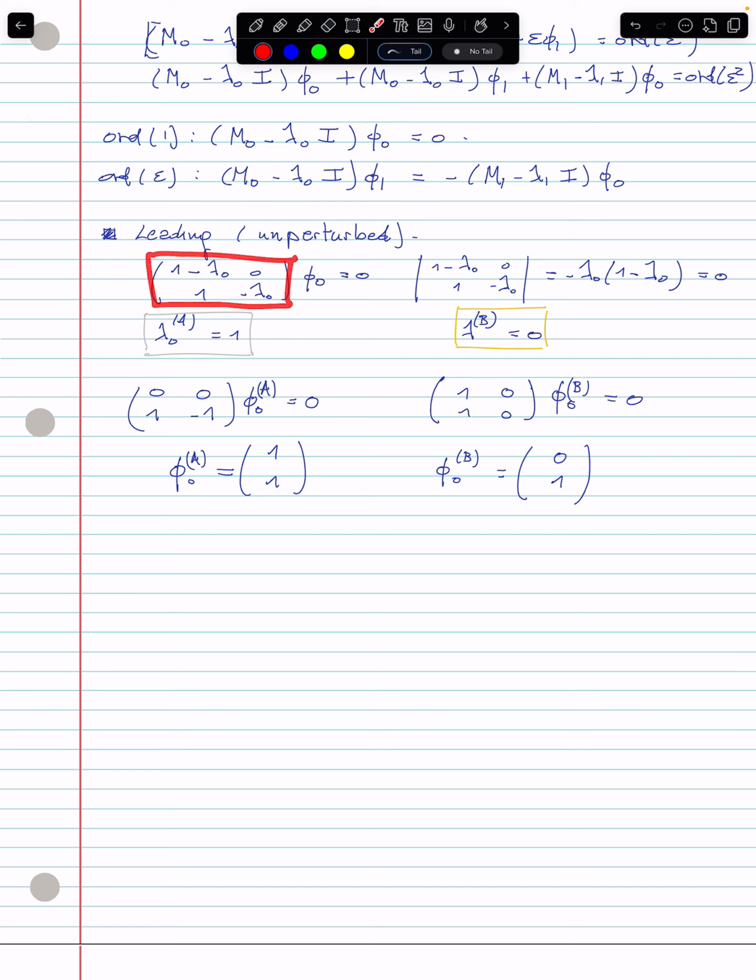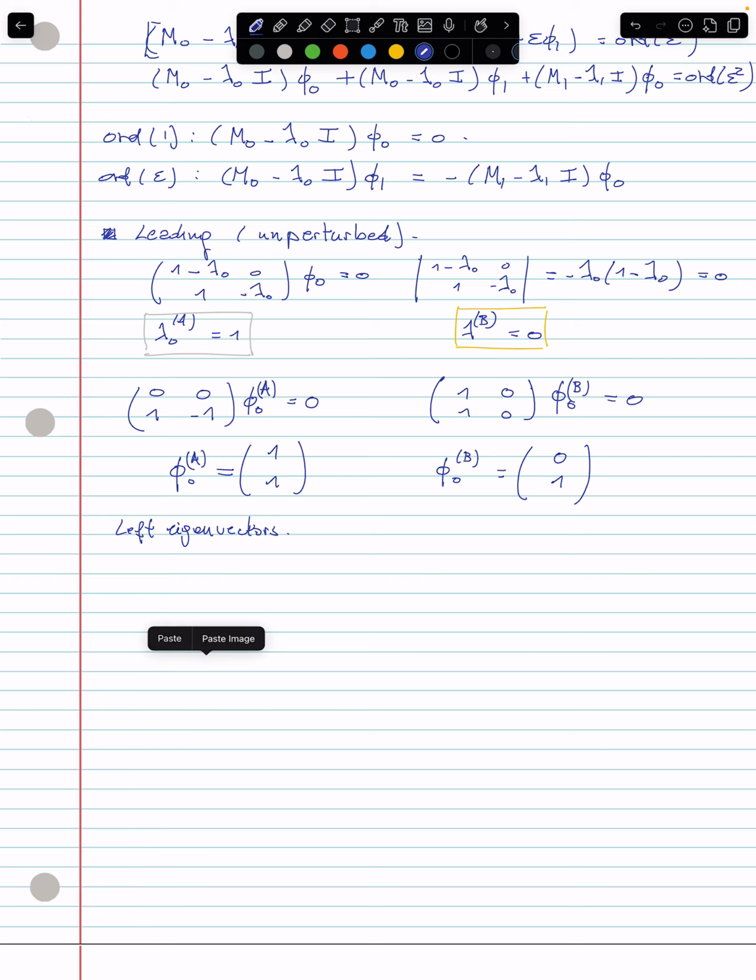You see, this one is non-symmetric because we have 0 and 1 over here, and this means that in order to get rid of this by projection on something, we have to project on the left eigenvector and not on the right eigenvector. All right, so this is just the right moment to look at the left eigenvectors.